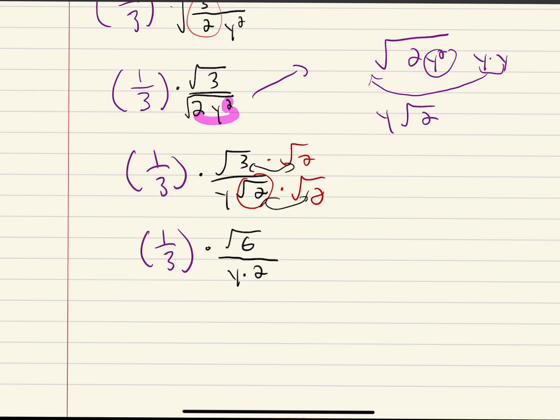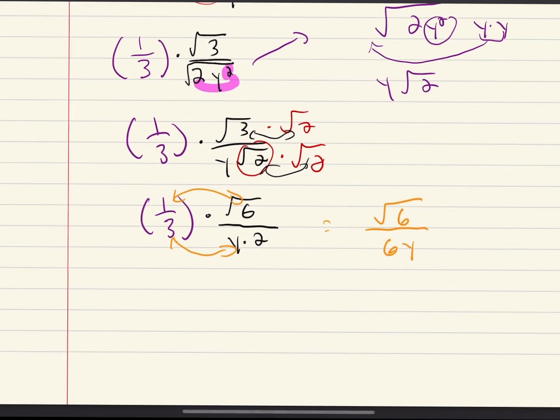Okay, now I can treat this as multiplying a fraction, so the numerators are multiplied by each other, and so will the denominators. And so 1 times root 6 is going to be root 6, and 3 times y times 2 is going to give us 6y. And so this can't be simplified any further. And so the final answer here is going to be root 6 over 6y.